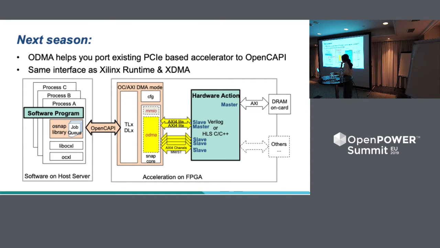And we also have an ODMA design here that equals XDMA. That means your original PCIe-based functional unit that talks to XDMA, you can replace it with the same framework, but now it calls ODMA. The interfaces are the same.